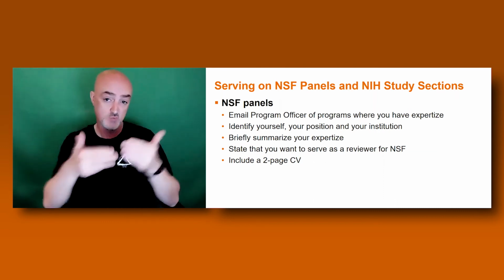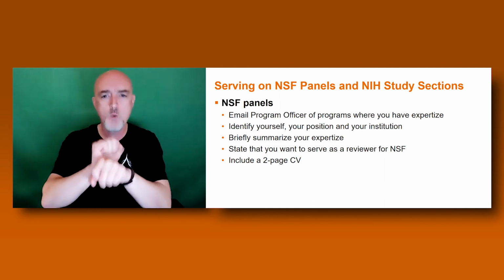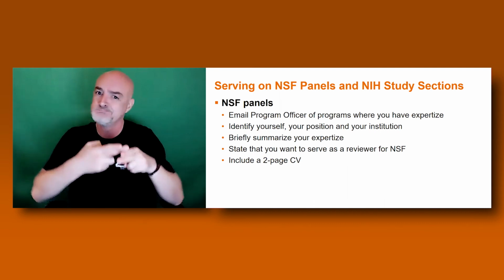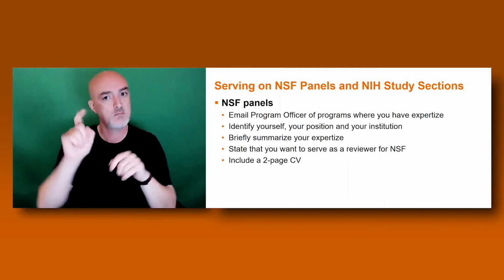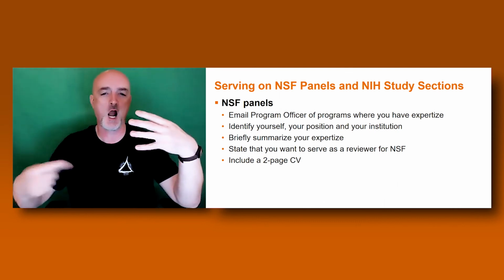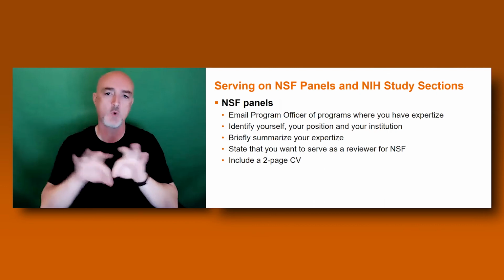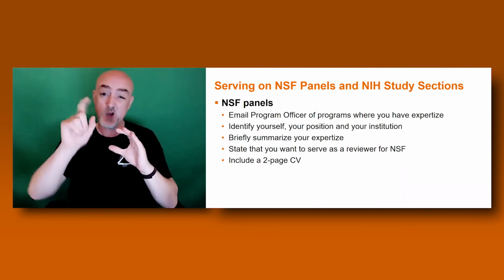Identify yourself, introduce yourself, make a first impression. Who are you? What's your position? Where do you work? Do keep it brief in terms of explaining your experience, just bullet point some of your strengths, but don't inundate them with too much information.